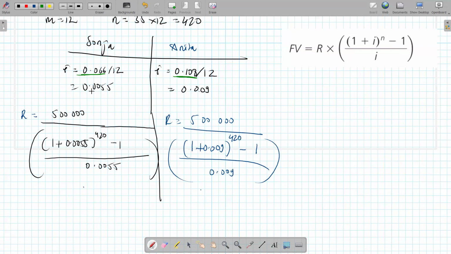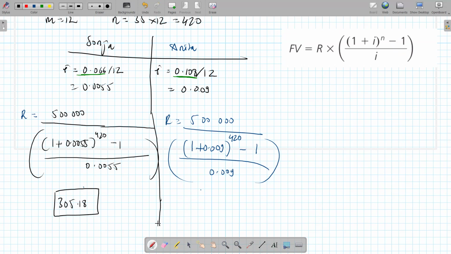So the way I'm going to do this is I'm going to first plug this in, and whatever I get, I'm going to do 500,000 divided by the answer. So 1.0055 to the power of 420, minus 1, divided by 0.0055, and then 500,000 divided by the answer. This gives me 305.18.